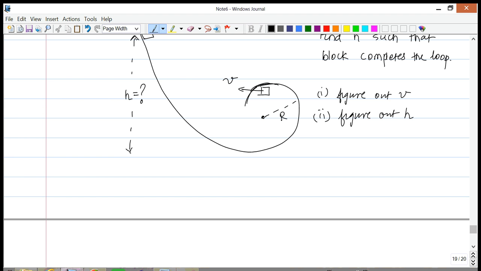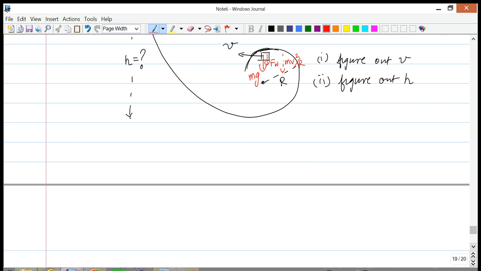If we were to draw a free body diagram for this object, we would have the force mg going down, Fn going down, and the result of mv squared over r pointing in this direction. Now that we have all this information, we can write mg plus Fn equals mv squared over r.